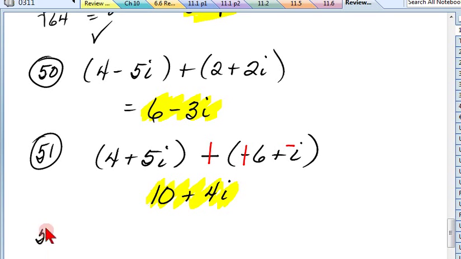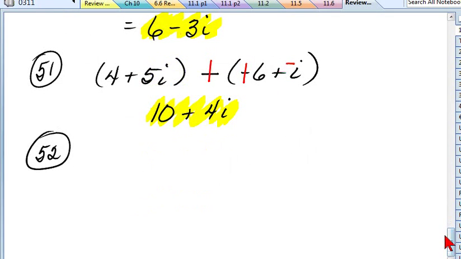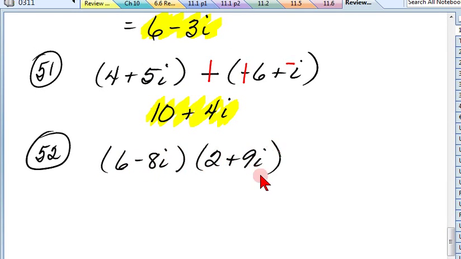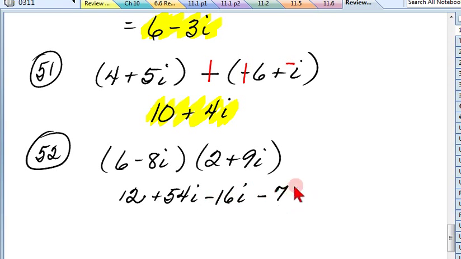Number 52. It is a product of complex numbers, and it says to write the answer in the form a plus bi. So I have 6 minus 8i times 2 plus 9i. Use FOIL. Product of the first is 12. Outer product, 54i. Inner product, minus 16i. Product of the last, minus 72i squared.